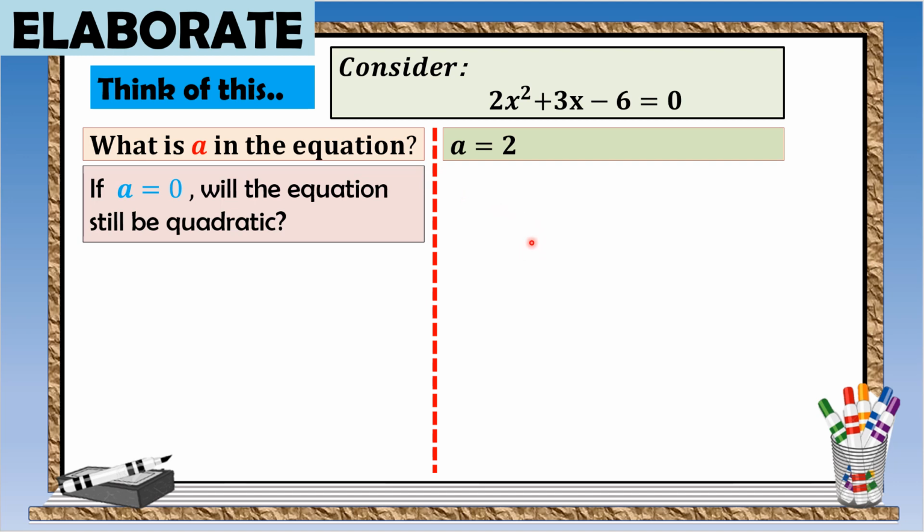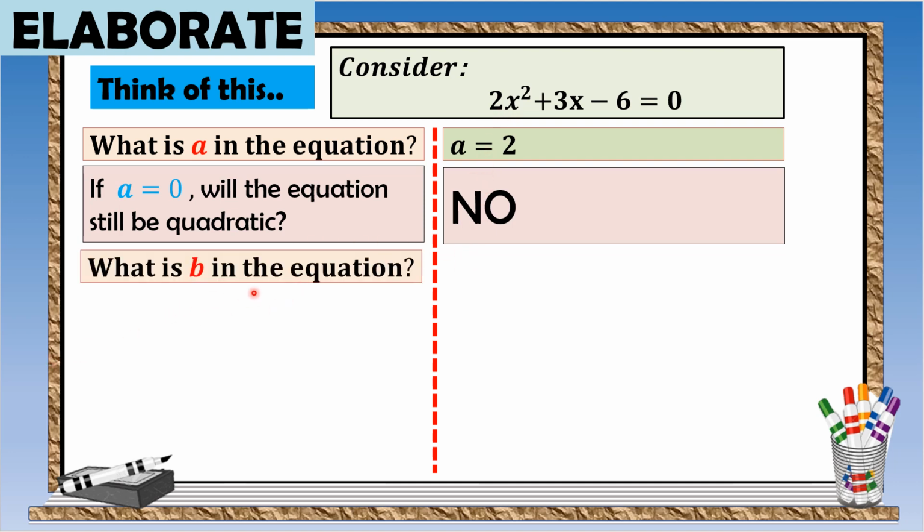If a is equal to 0, will the equation still be a quadratic? The answer is no, because if a is equal to 0, the quadratic term becomes 0. So the remaining equation will only be 3x minus 6 equals 0. Therefore, a should not be equal to 0.